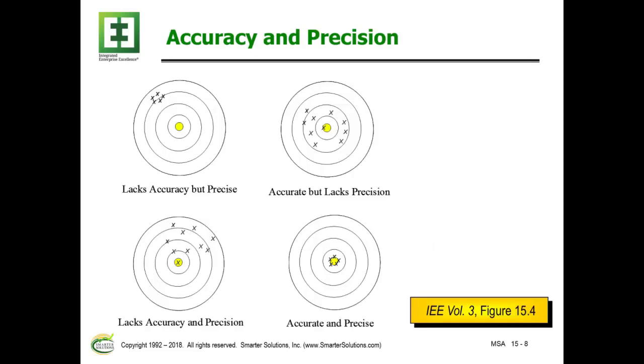We have basically accuracy and precision. Accuracy deals with how well we're actually hitting the target on the average. The top right-hand one is accurate, so it's on the average hitting the bullseye, but we have a lot of variability, so it's lacking precision.